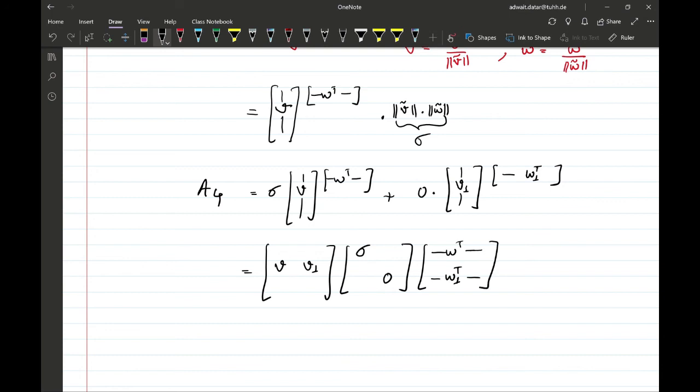So we see that A4 is a rank one matrix, and that can be seen by doing the singular value decomposition.